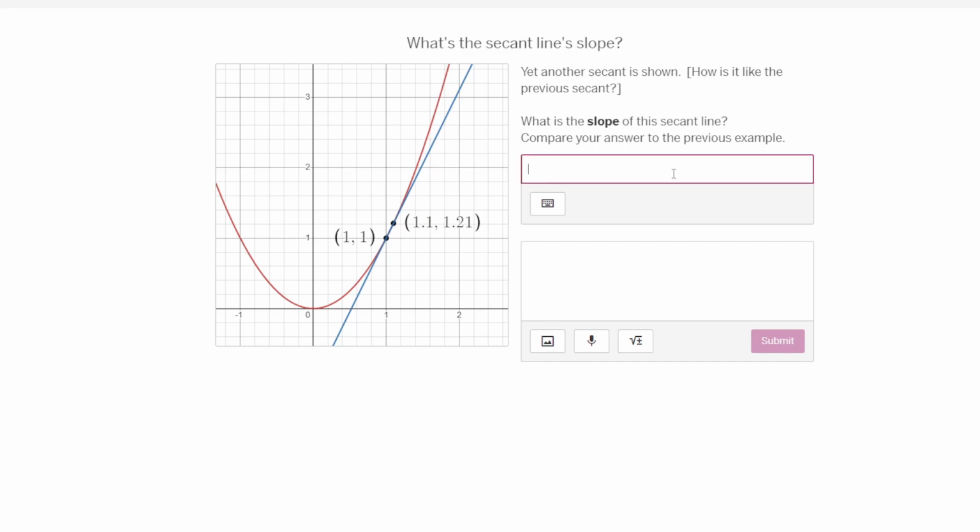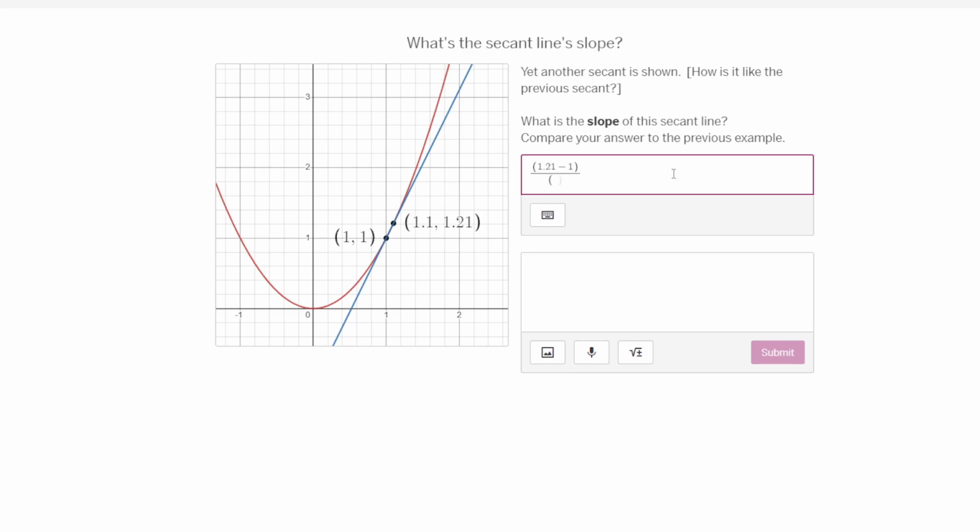Same idea. The slope of this secant line is computed by change in y. So that would be 1.21 minus 1. That's change in y, divided by change in x, which is 1.1 minus 1, and we get a different answer, 2.1. So that's the slope of this line. It is not as steep as the one in the previous example.